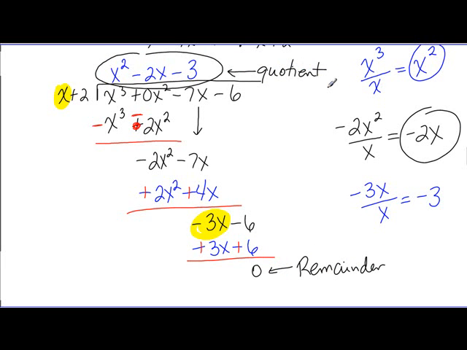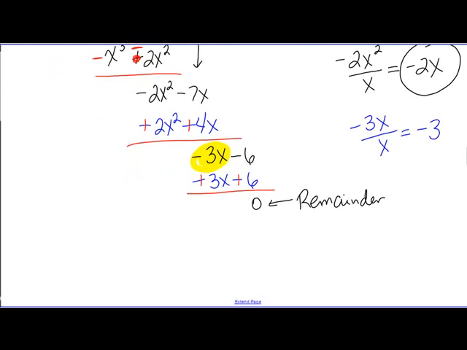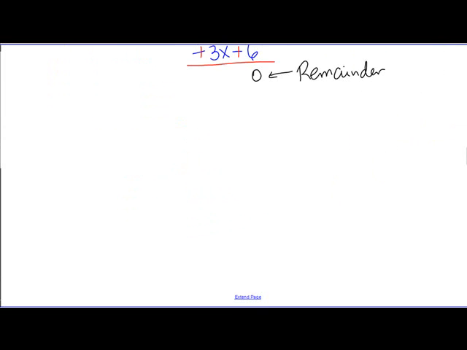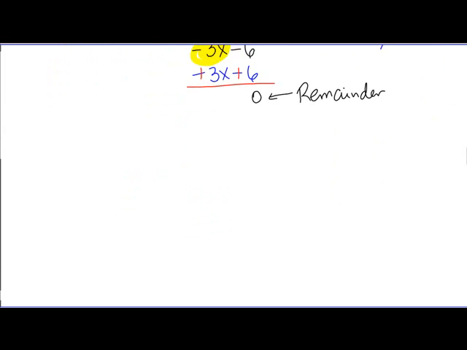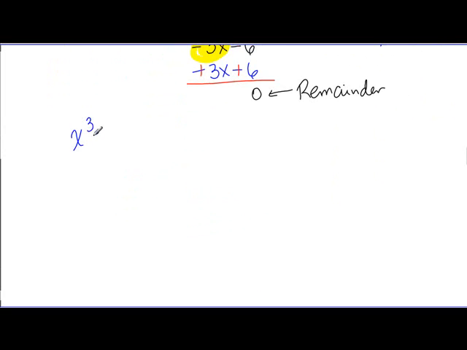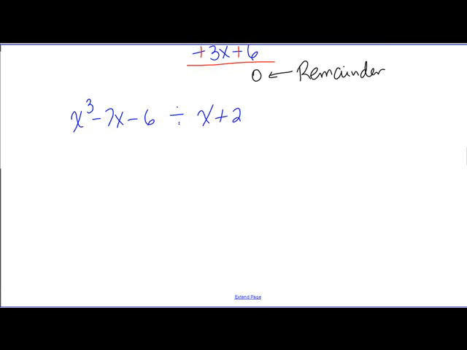Now, we're going to work the same problem, but using synthetic division. So our problem was x cubed minus 7x minus 6 divided by x plus 2. Synthetic division only works if you're dividing by a linear quantity, x plus 2, x minus 6, something like that.